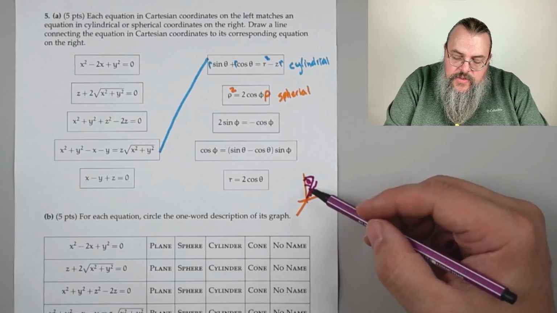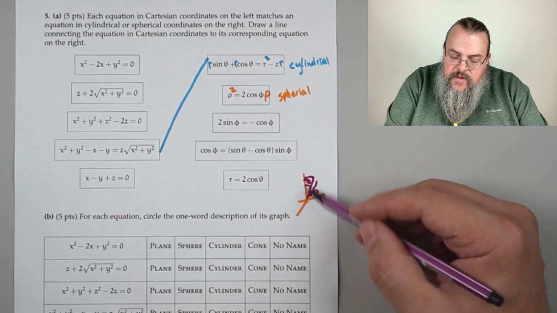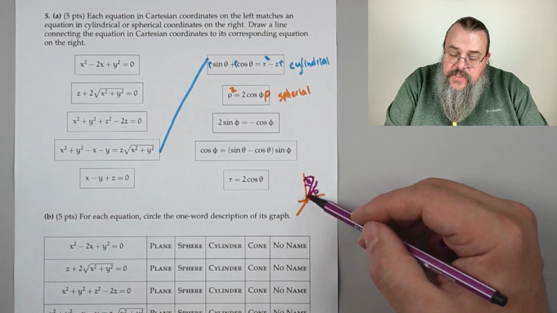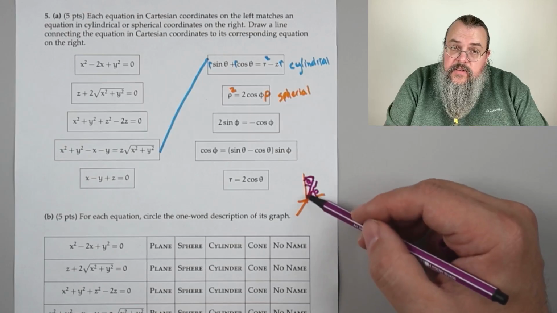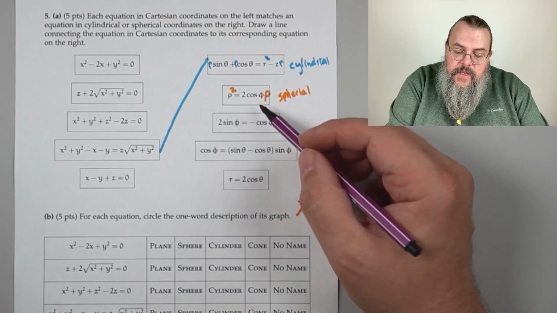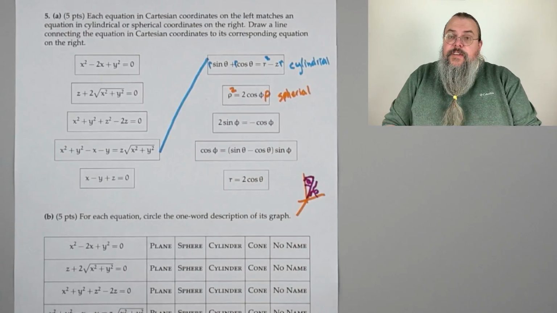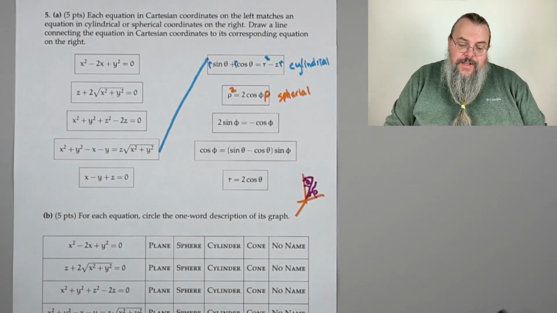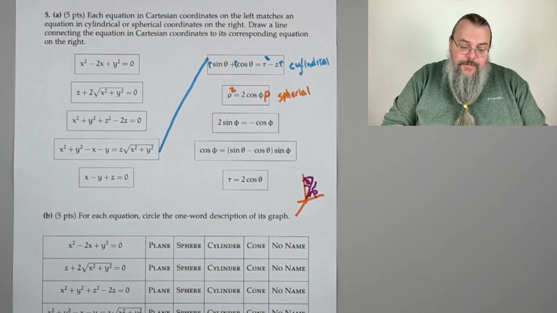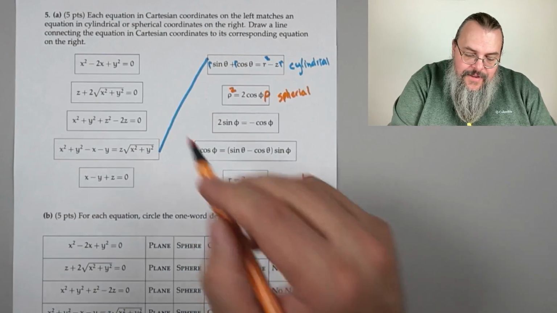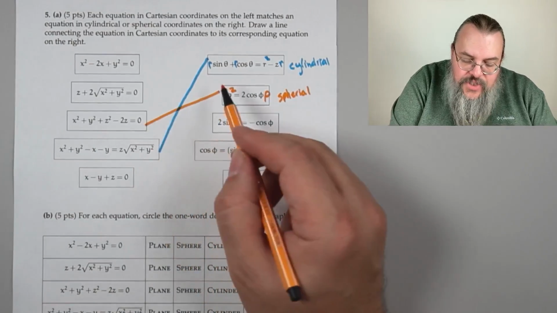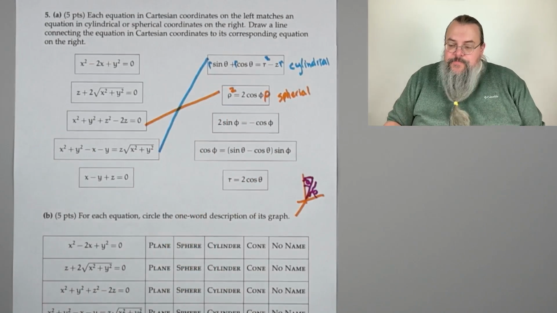When we look at the cosine, it's the side adjacent. The side adjacent is the z-axis. So rho cosine phi is z. So we're looking for x squared plus y squared plus z squared, and we're looking for a 2z. Do we have anything with those pieces? Yes. And match. All right, good.